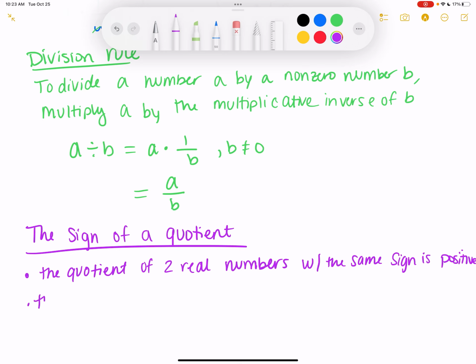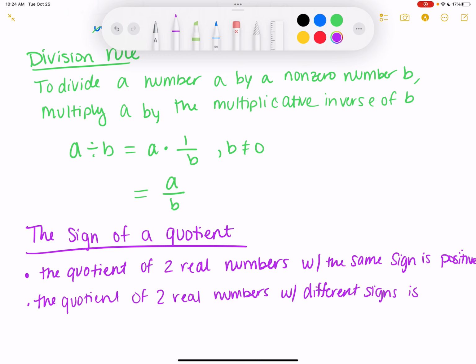The quotient of 2 real numbers with different signs is negative.